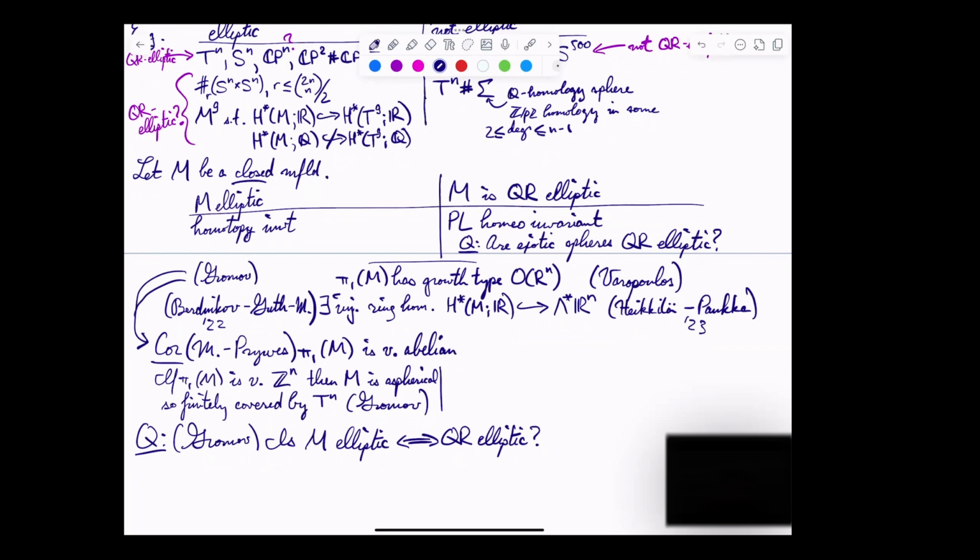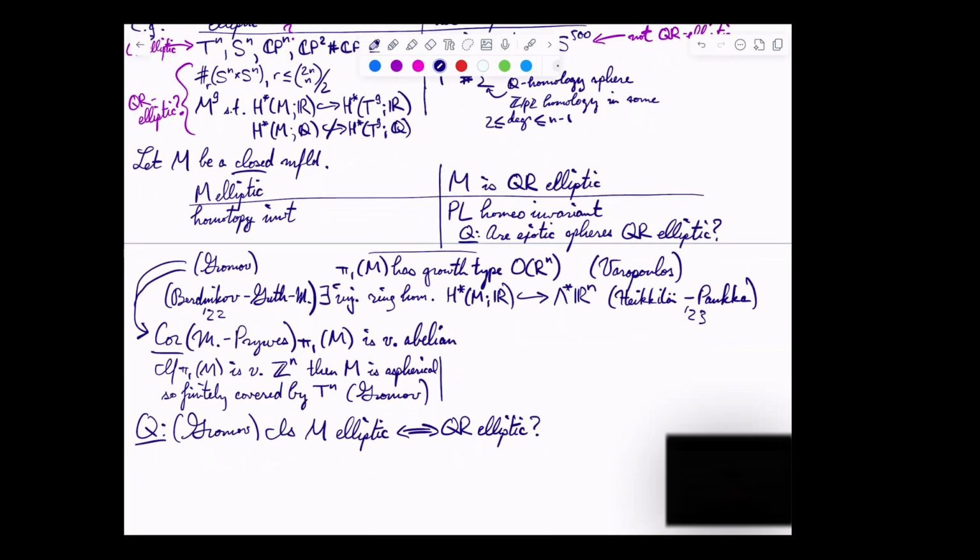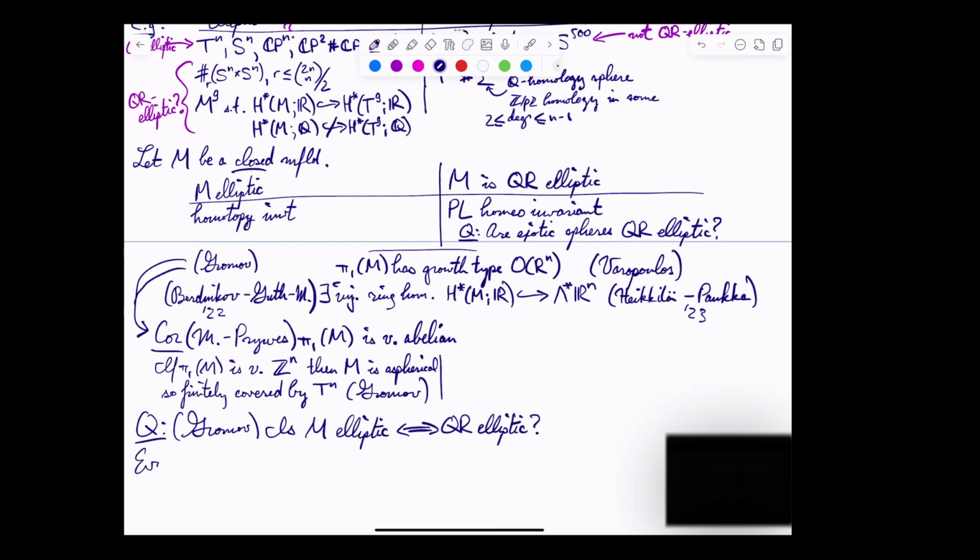And maybe the evidence for this is that not only are the obstructions similar, but the proofs of the obstructions are similar. Yeah, I was just going to ask about it. Of course, I know the QR version of these results pretty well, and I have a good idea what the proofs are. But how do you prove this with your definition of ellipticity?